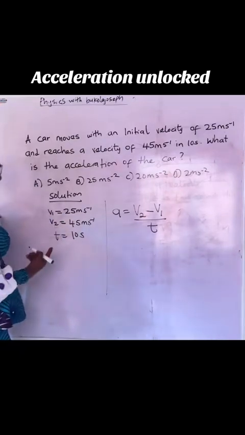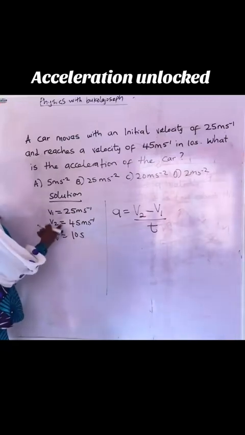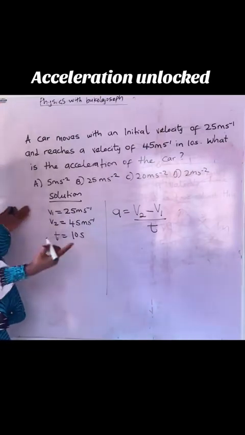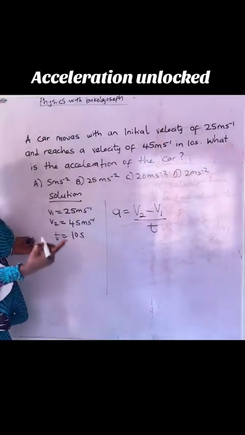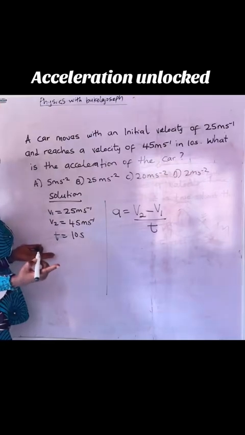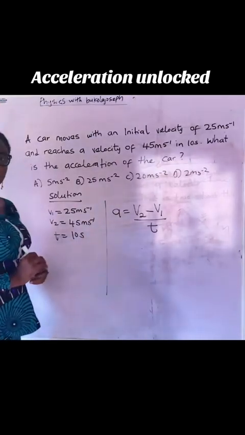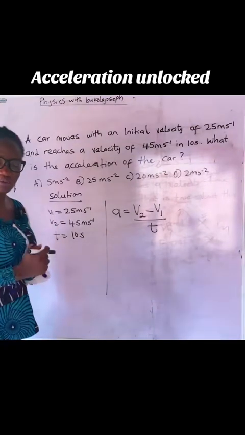So we have this formula. Do we have all the parameters? Yes, we have our final velocity as V2, we have our initial velocity as V1, and the time taken for this change is 10 seconds. So let's input our parameters into our formula and then we solve.